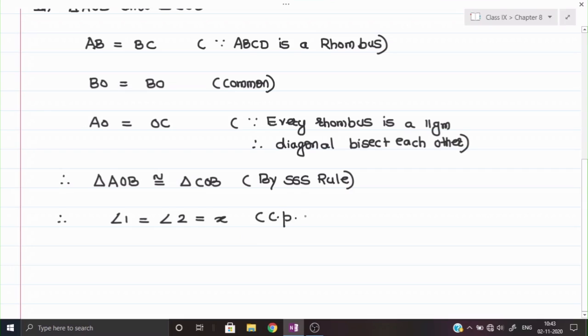So here we shall mention CPCT, and this equation I am giving as equation number 1. But if you observe, angle 1 and angle 2 are forming a linear pair. So 1 plus 2 is equal to 180 degrees. That we will say by linear pair.